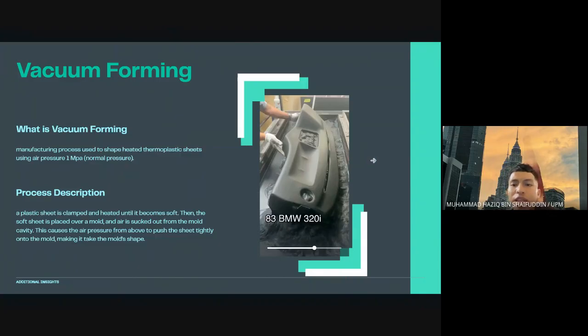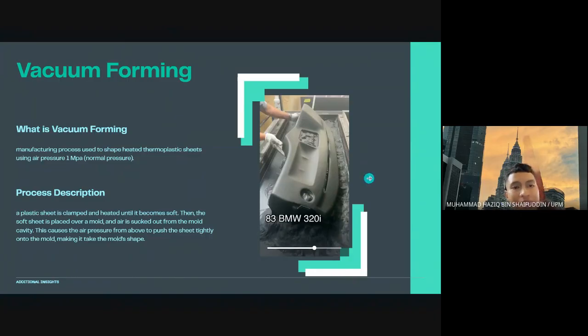They push a flexible sheet so that it shapes into the mold. Vacuum forming can only use normal air pressure, but blow forming, as mentioned by our friend Wais, uses high pressure. Both the mold and the sheet are heated to the right temperature.